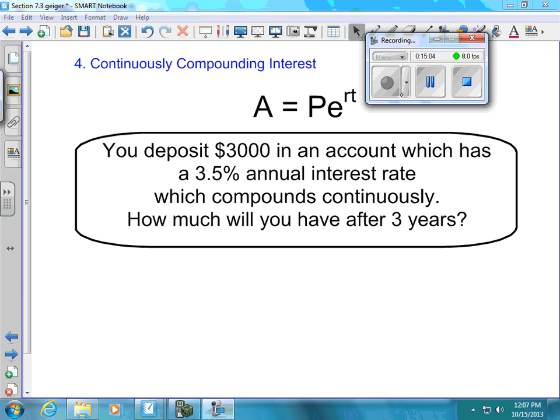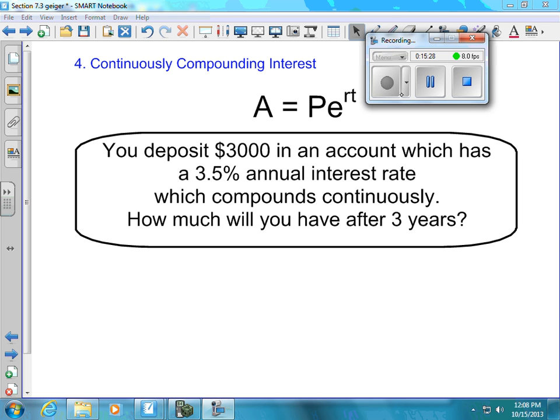Okay, wrapping up the lesson, the PERT formula, as it was called when I was in high school: A equals P times e to the r times t, e, r, t, to be PERT. It's not just shampoo. Okay. You deposit $3,000 in an account which has 3.5% annual interest rate, which compounds continuously. How much will you have after 3 years?